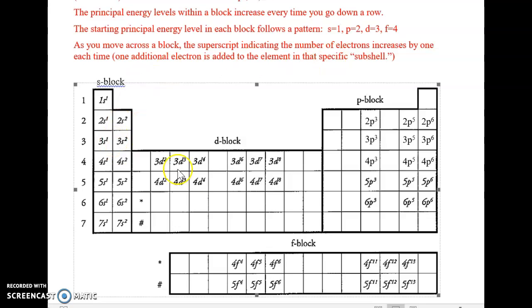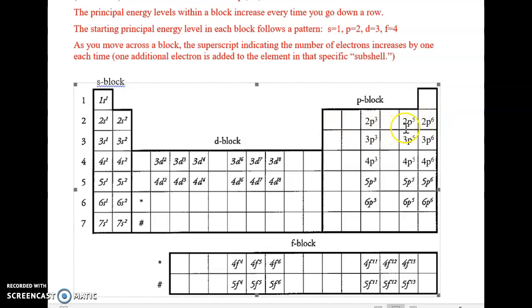And finally, the last piece of the pattern is the superscript number, which indicates the number of electrons filling the orbitals, increases by 1 each time you move across the periodic table. So in the S block, it goes from 1 to 2. And of course, the S block is only 2 elements wide, so it stops there. The P block would start with 1, 2, 3, 4, 5, 6.